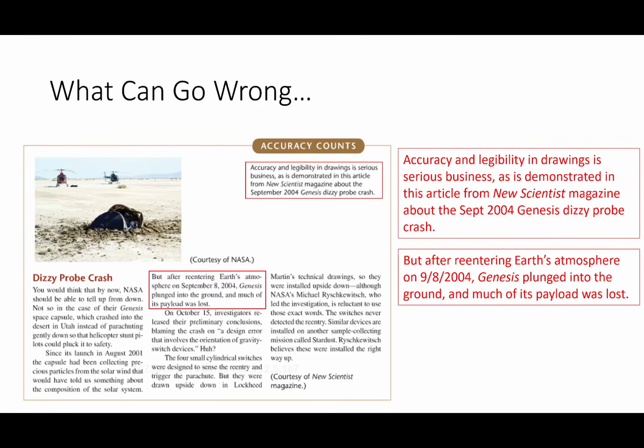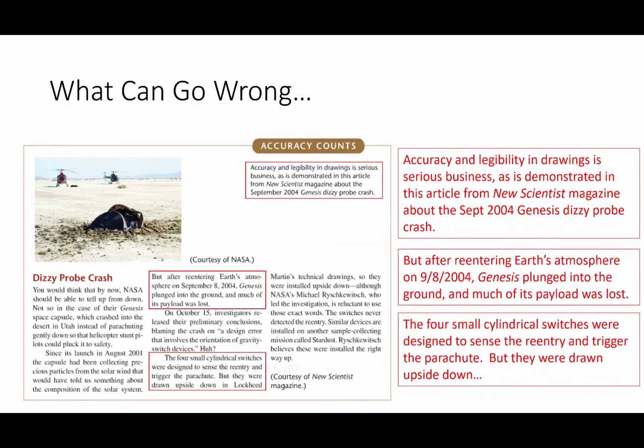And what happened was, when it re-entered the atmosphere, there was a parachute system that was supposed to deploy. It didn't. And because it didn't, it crashed, and a lot of the work was wasted. There were these little cylindrical switches, about as round as a number 2 pencil.